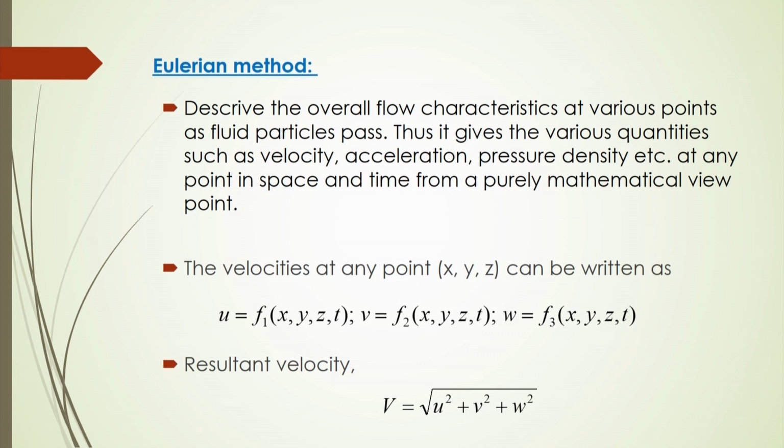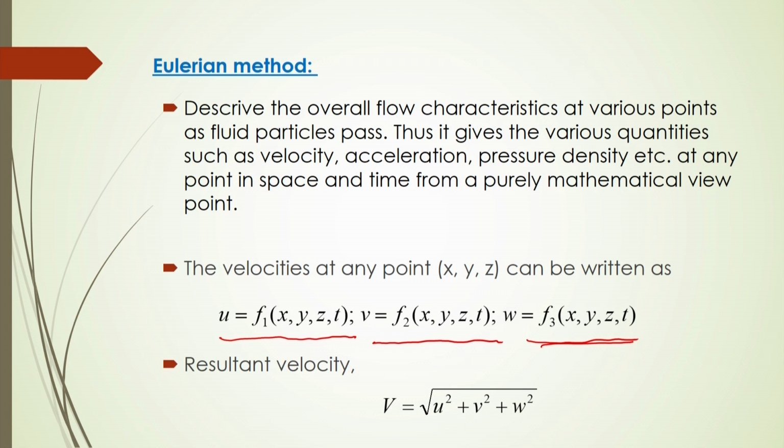So, the velocities at any point x, y and z in the x, y and z directions respectively can be written like this: u is a function f1 of x, y, z and t, and v will again be a function of space and time. Similarly, w in the z direction will be a function of x, y, z and t.